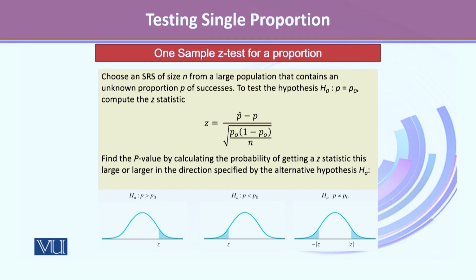Or the alternative hypothesis could be that p is less than p naught, which makes our one-sided test a left-tailed test. And for the null hypothesis p equals p naught, our alternative hypothesis can be two-sided, when p is not equal to the stated p naught. In that case, we work with a two-sided test, where we use both the right tail and the left tail.